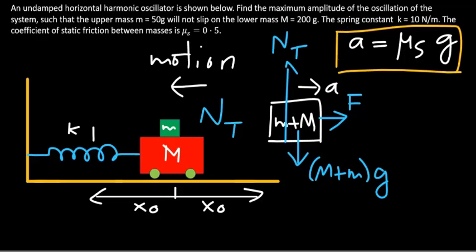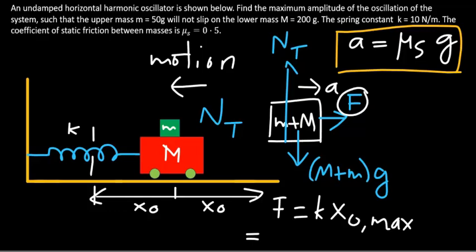At the end of the oscillation, or where the displacement equals amplitude, the force F equals K, the spring constant, times that maximum amplitude. Let's call it x0 max. That is using Hooke's law. But from Newton's second law, we know net force is provided by that spring force, and that is just capital M plus little m times the acceleration.